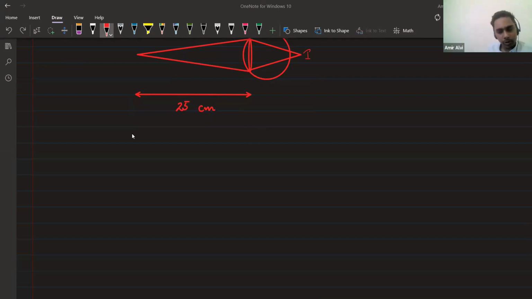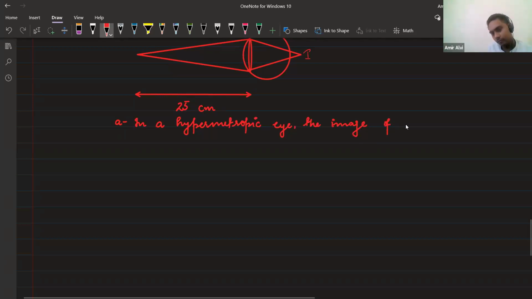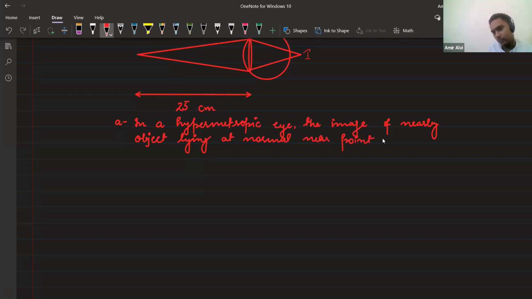Okay, so the A option is: in the hypermetropic eye, the image of a nearby object lying at the normal near point, that is equal to 25 centimeters, is formed behind the retina.